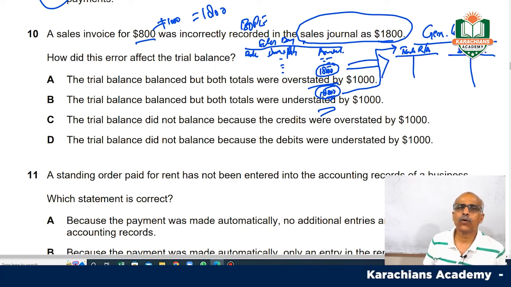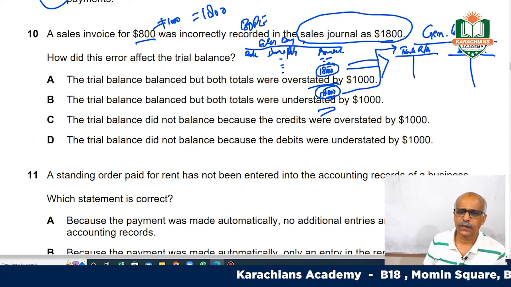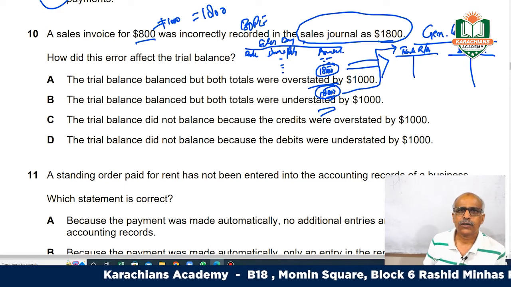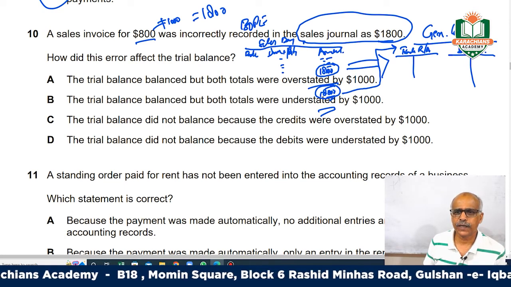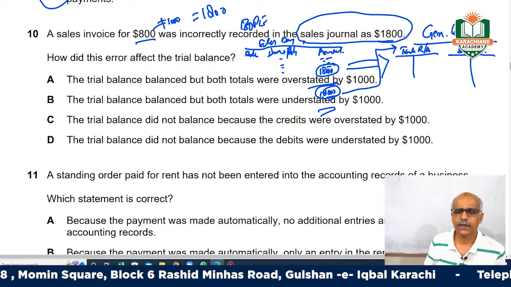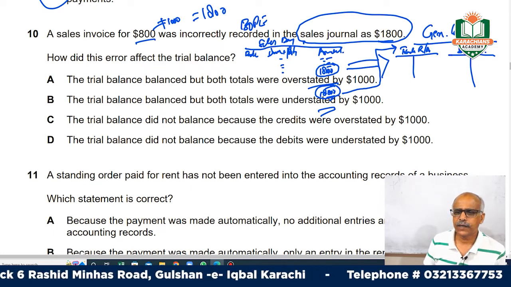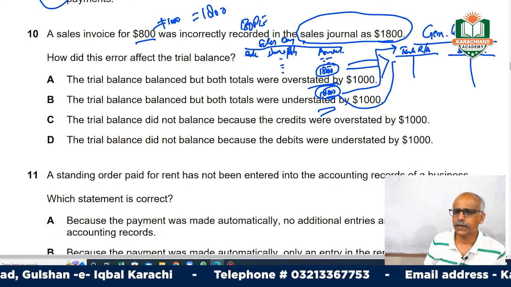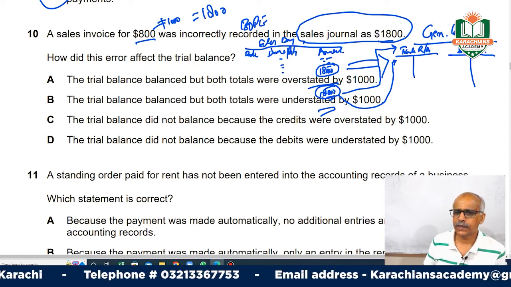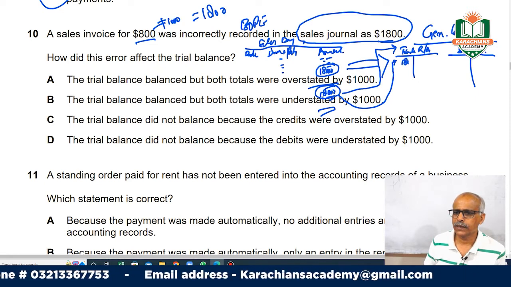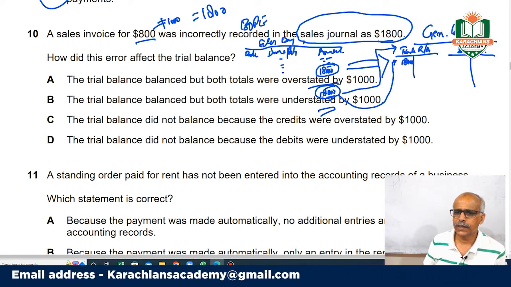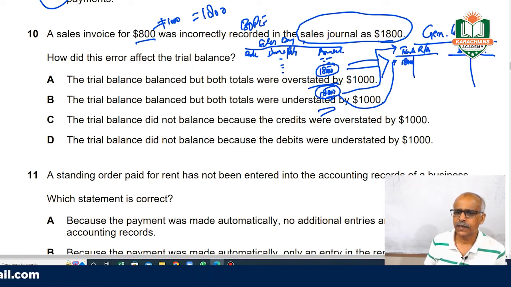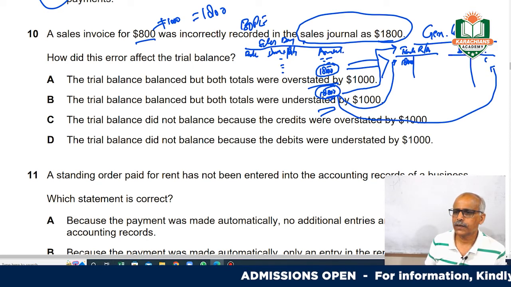We always take and post the totals of the books of original entry to the accounts in the general ledger. This 1800 will come here, just as if we are recording 8000, this 8000 would come here. So 1800 will also be coming here, right? So you have increased this by 1800. Likewise, trade receivables will be debited and sales will be credited.